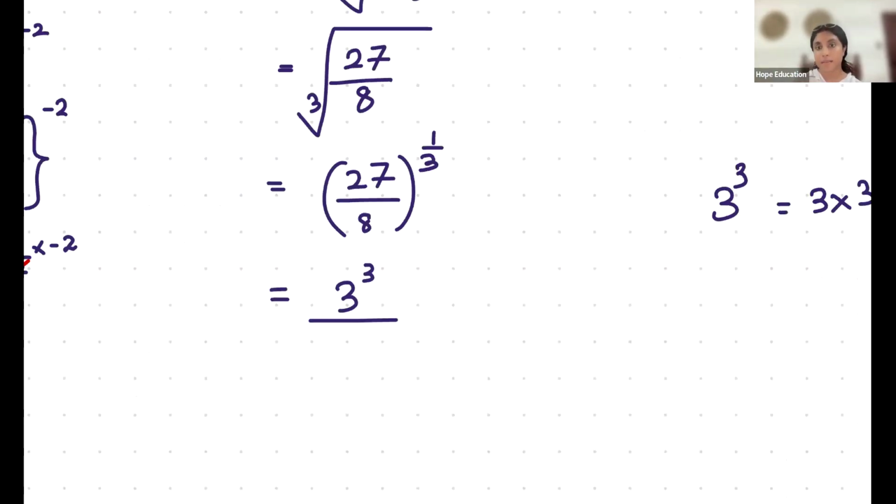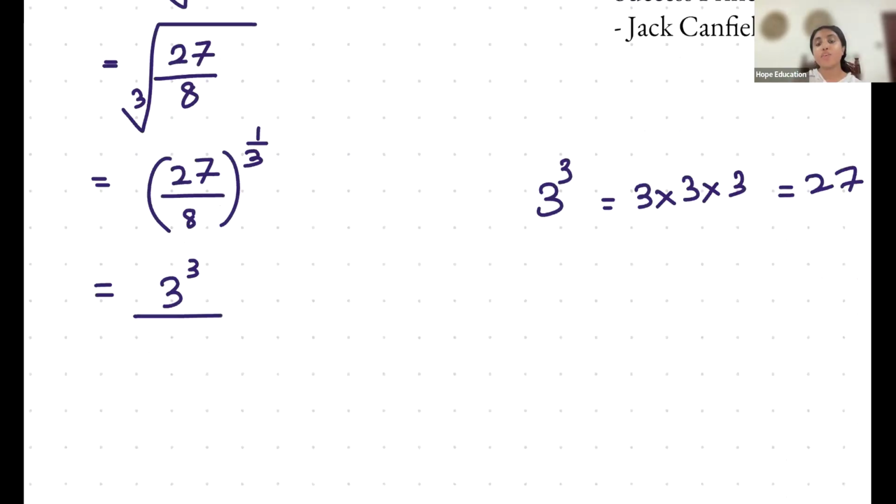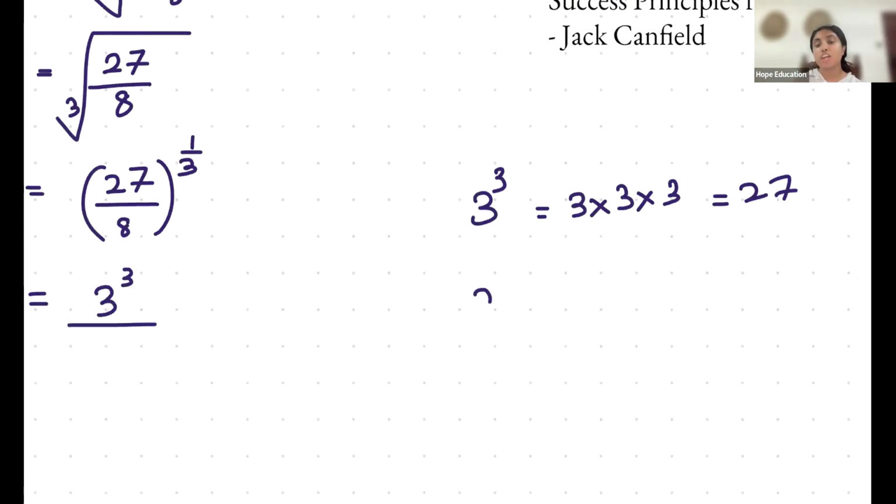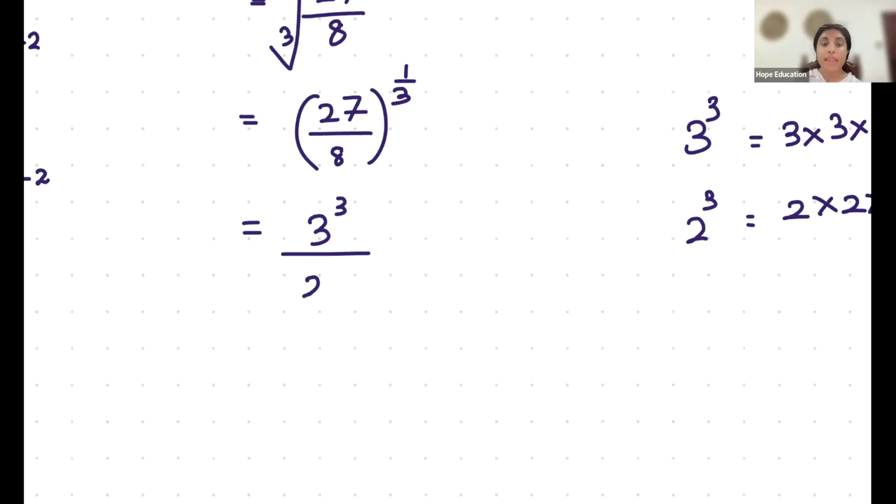Divided by 8. 8 is 2 to the power 3. See? 2 times 2 times 2 is 8. So 8 is 2 to the power 3. Earlier, I have 1 over 3 as usual. I'll leave it as it is.